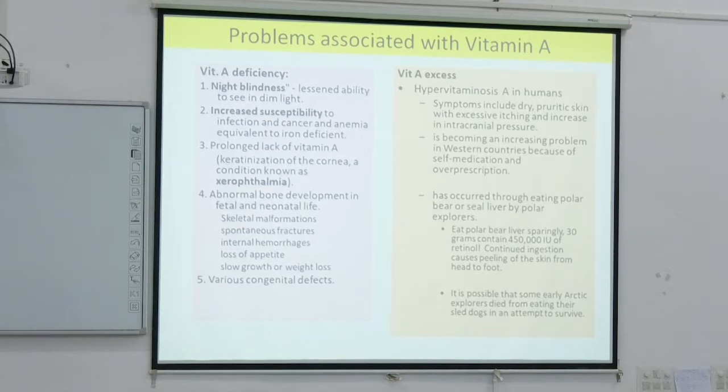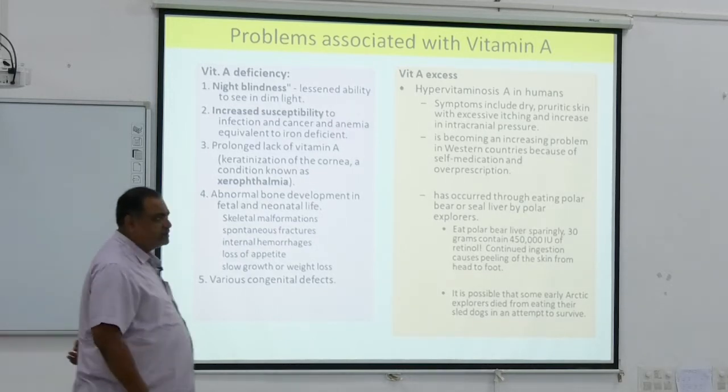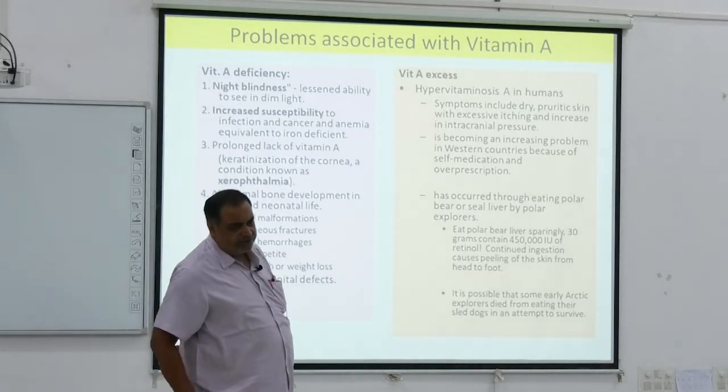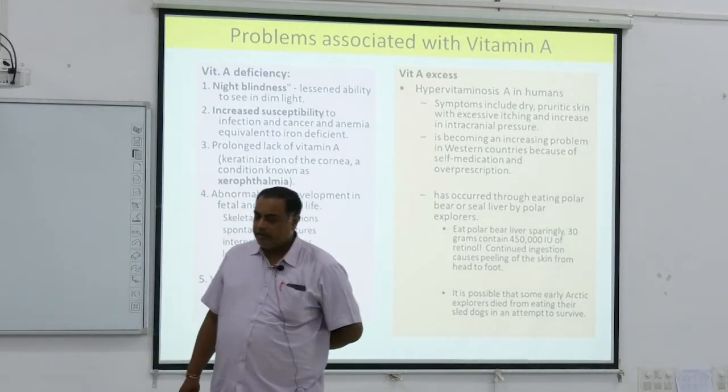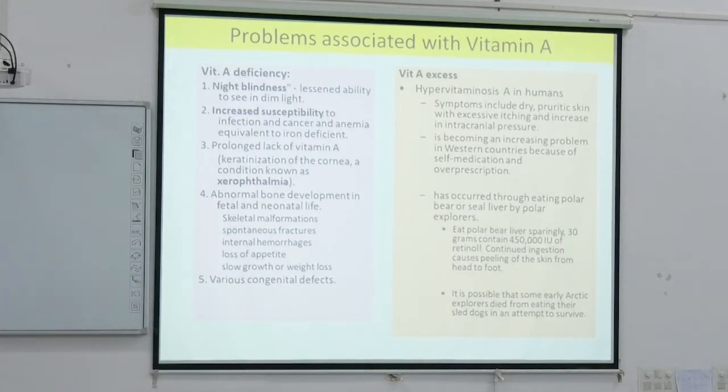Now, night blindness is an end stage. Before that, it comes to several sub-stages like increased DAP, dark adaptation period, xerophthalmia, keratomalacia. So, initially the person shows increased dark adaptation period. Then, if you don't treat in time, then it shows xerophthalmia, that is drying of the cornea.